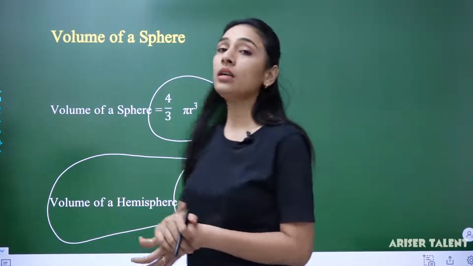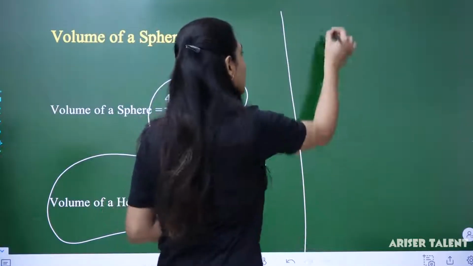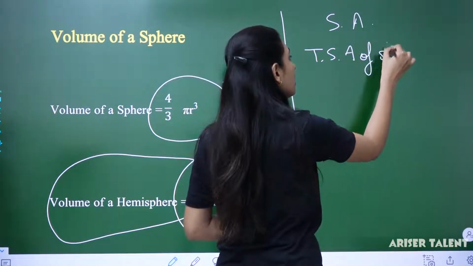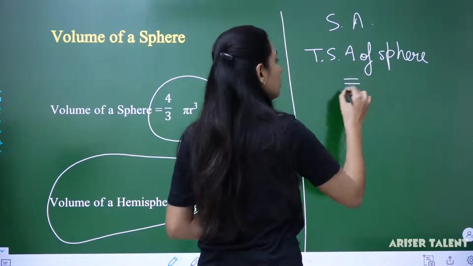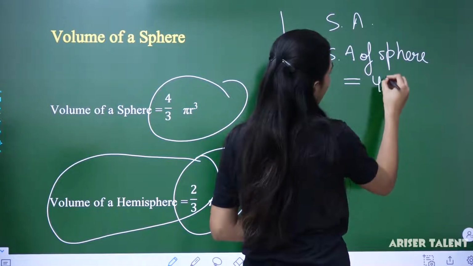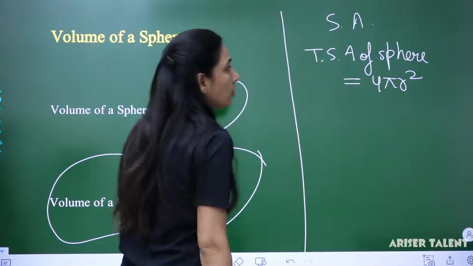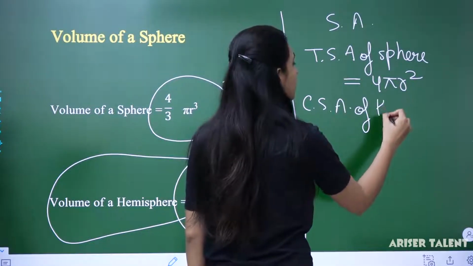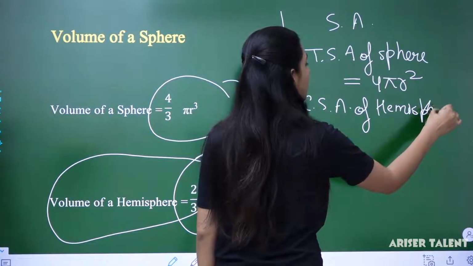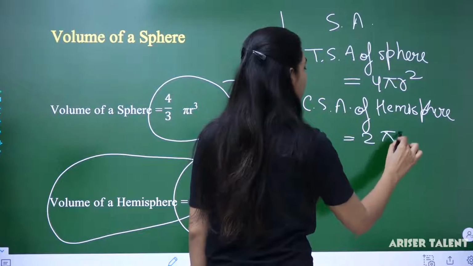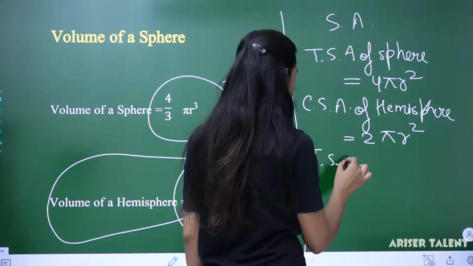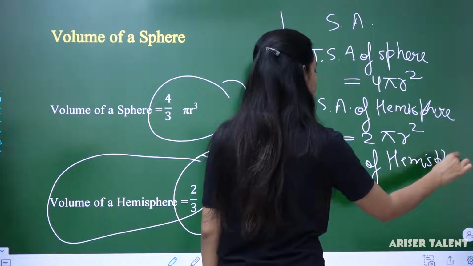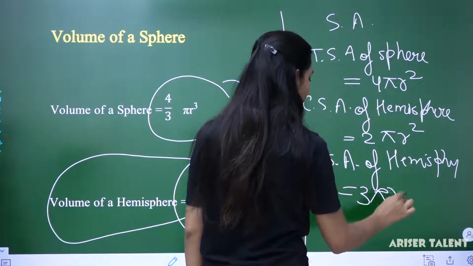Okay, so in the surface area, we were having the total surface area of sphere, that was 4 pi r square, okay, and then we talked about the curved surface area of hemisphere, that was 2 pi r square, and we talked about the total surface area of hemisphere, and that was found to be 3 pi r square.